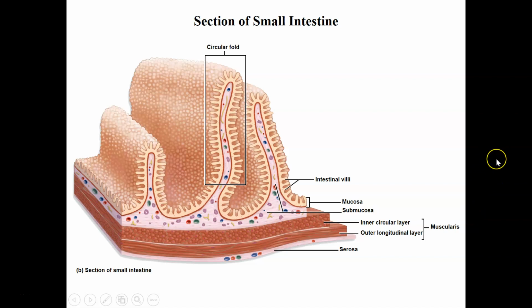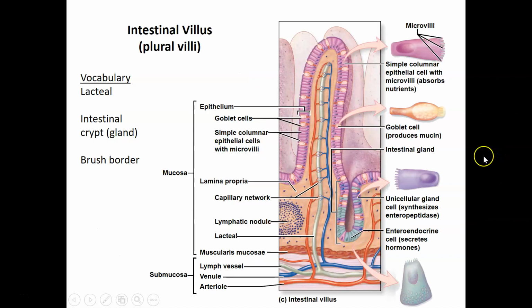And now if we go even further magnification, this is what a villus would look like. Here are a bunch of them, and here's a villus in cross section. Okay, so this villus pokes out into the lumen of the small intestine. Now, here is the epithelium. The epithelium in the small intestine is a simple columnar epithelium. And all of these purple cells are what are called absorptive cells.